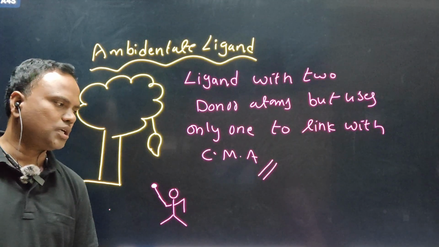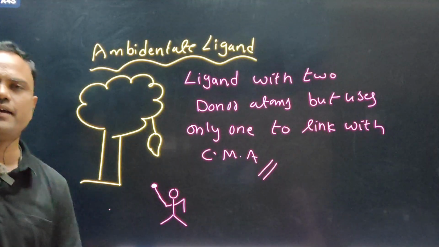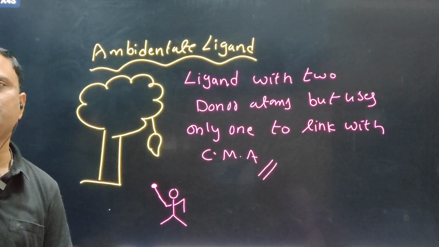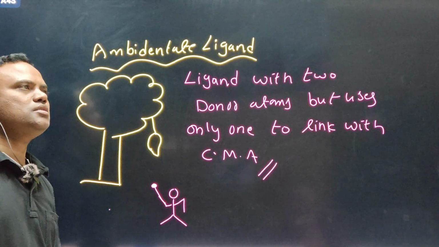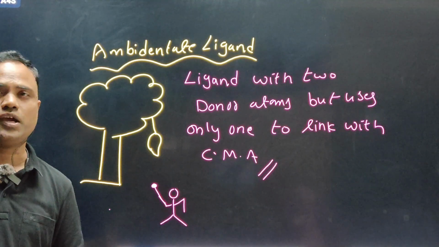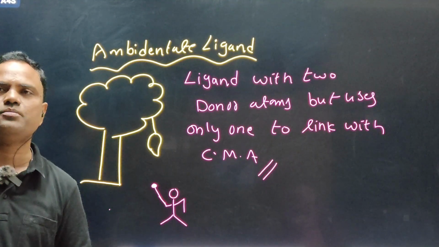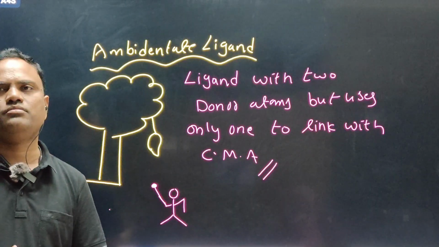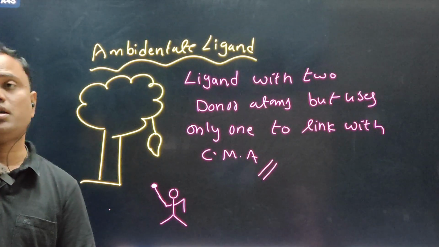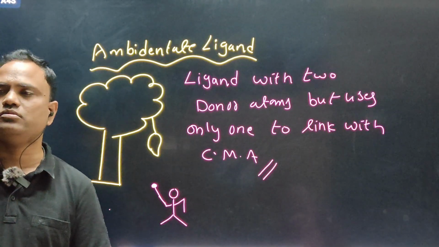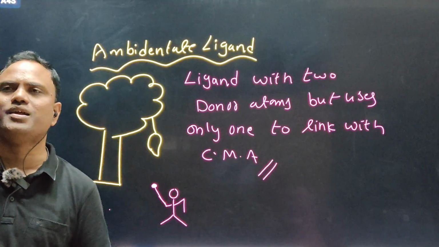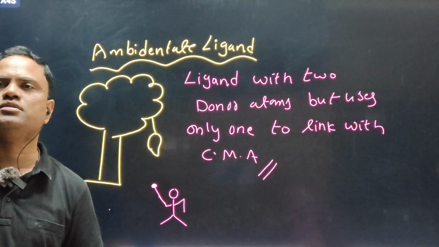Questions come from the ambidentate ligand concept. In the monodentate negative category, I gave some tick marks for thiocyanate, cyanide, cyanate, nitro, nitrite. Yesterday I gave tick marks; all of those are considered ambidentate ligands.